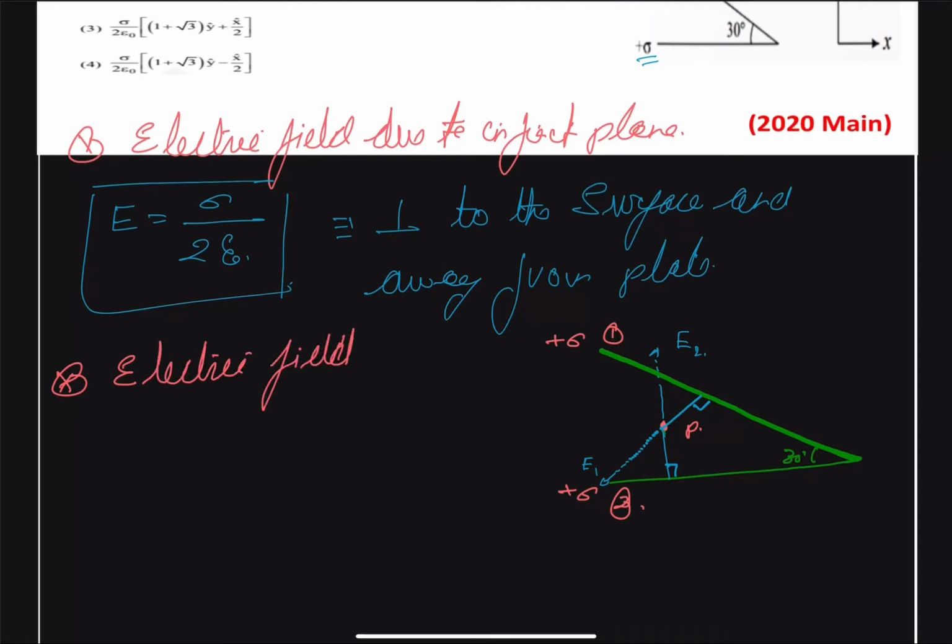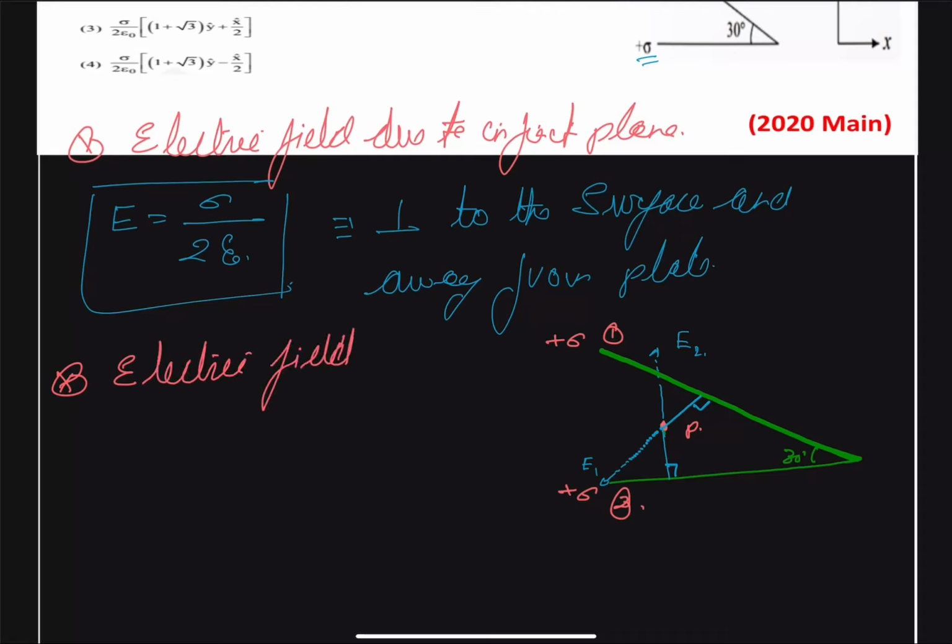Let us consider this point as A, this as B, and this point as C. In triangle ABC, angle A is 90, angle B is 30.